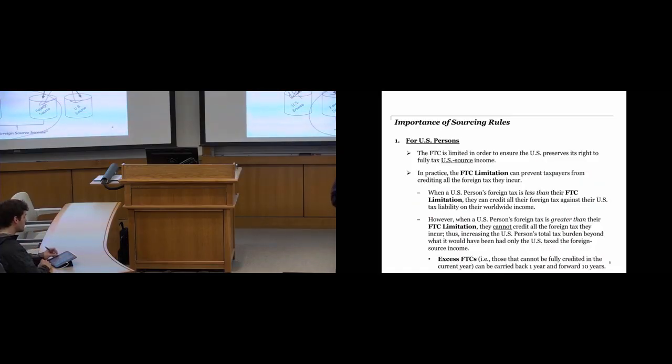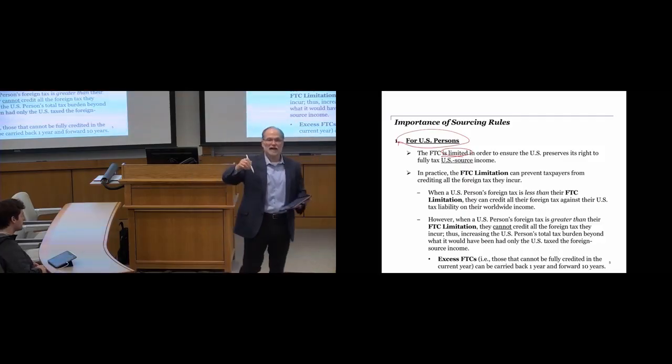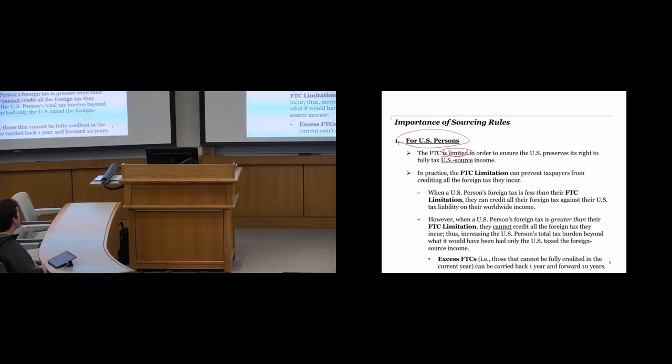Okay, so the FTC is limited, remember, and we're going to talk about U.S. persons for a moment, to ensure that the U.S. preserves its right to fully tax that U.S. source income. Remember that prior example from last week, one of the cases, we had like a -9, I believe.